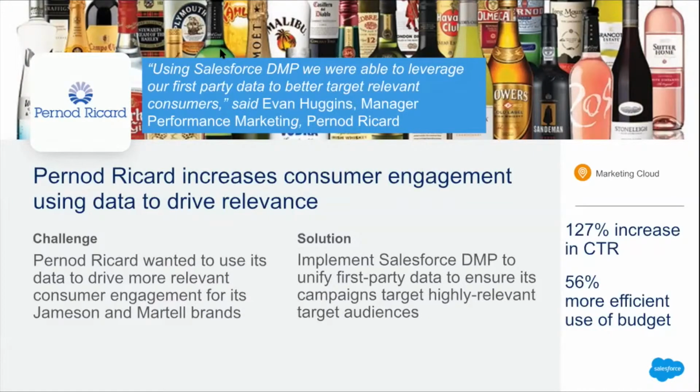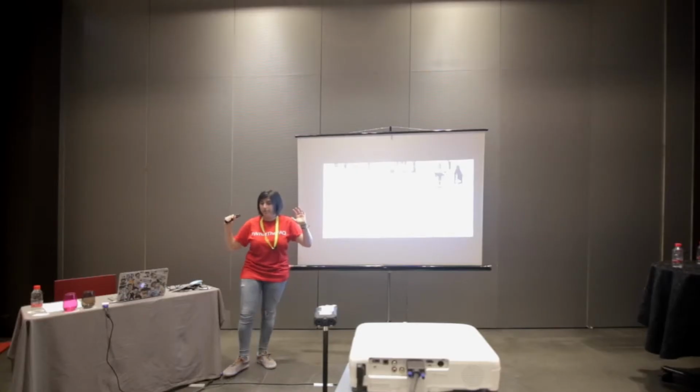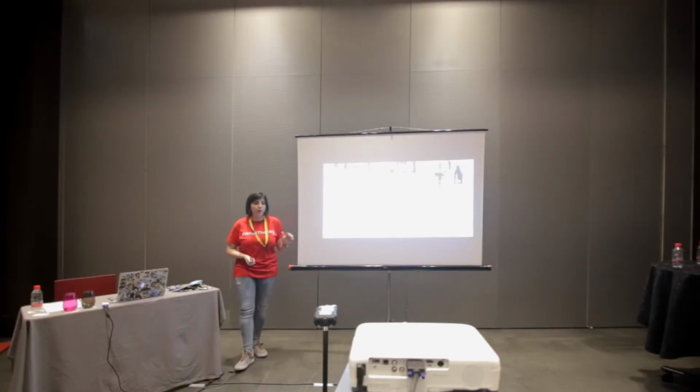With data, Pernod Ricard, who have super great brands for drinking and for spirits, are implementing their DMP and their Marketing Cloud, saving a lot of money and increasing the numbers crazily. In Mapfre as well, we have customers here in Spain saying this is so amazing that we let them talk by themselves. They are having a 300% return on investment at the moment on certain campaigns using Marketing Cloud and DMP.